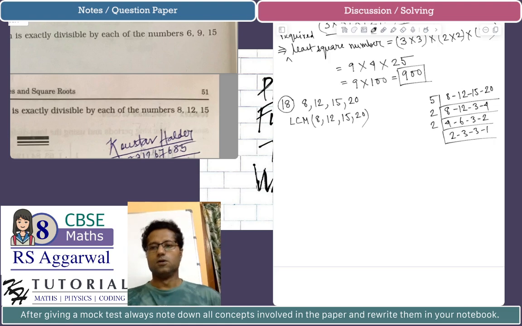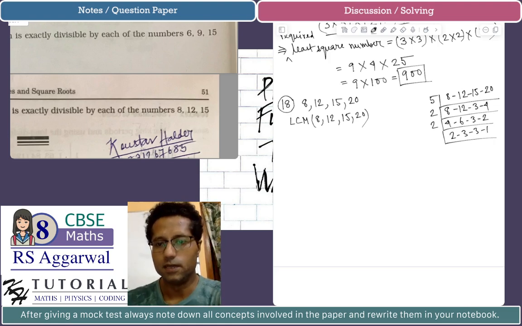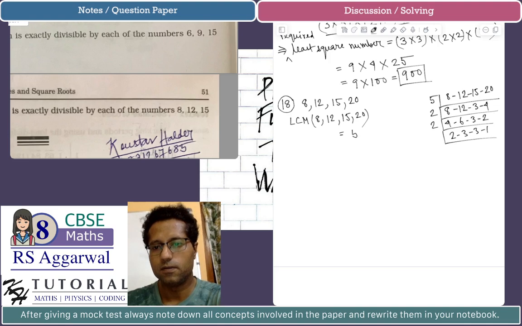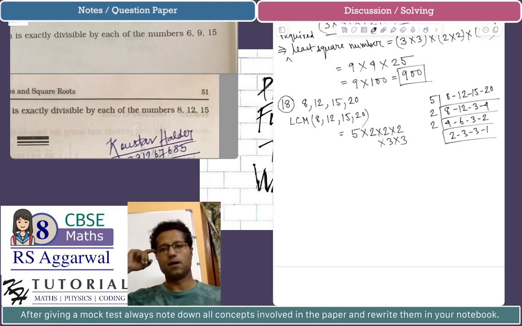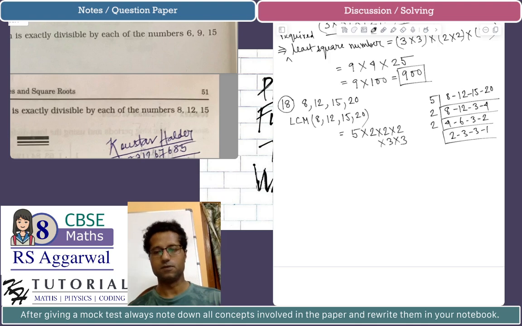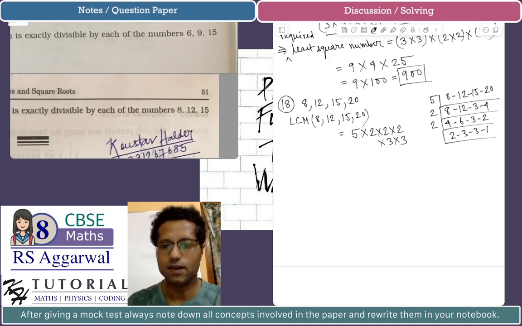Okay. So the LCM will be 5 multiplied by 2 multiplied by 2 multiplied by 2 multiplied by 3 multiplied by 3. I am keeping it as a product of prime factors because it will help me in forming the pairs of equal factors. So we have the LCM. Now let's express the prime factorization of the LCM as pairs of equal factors.